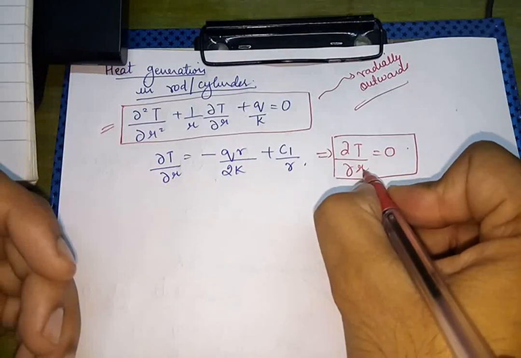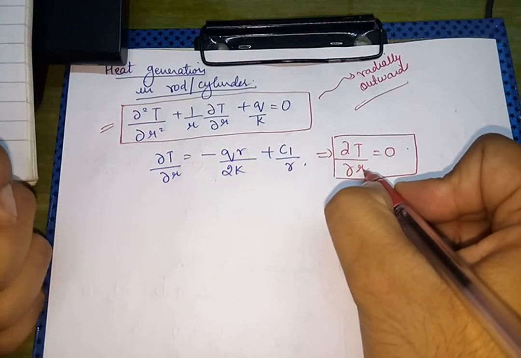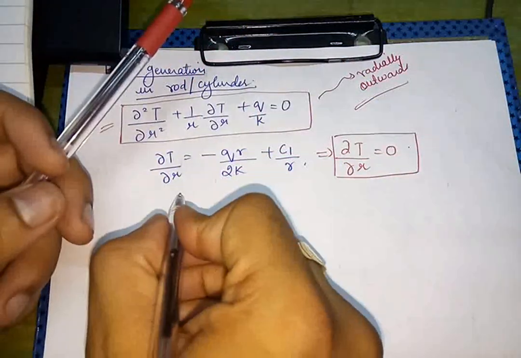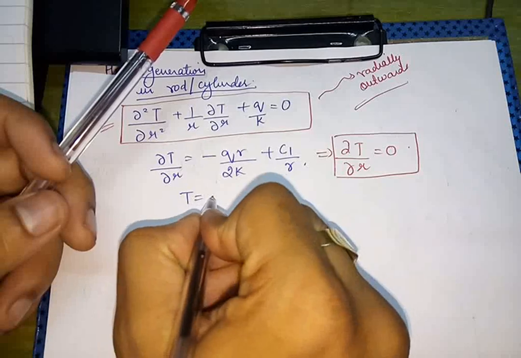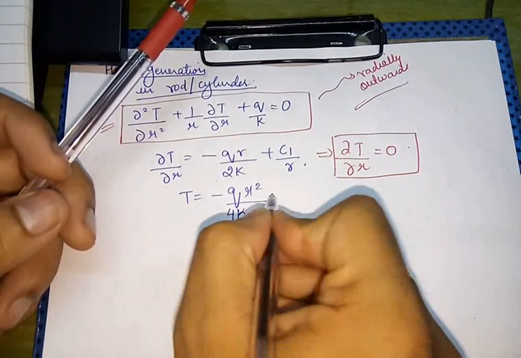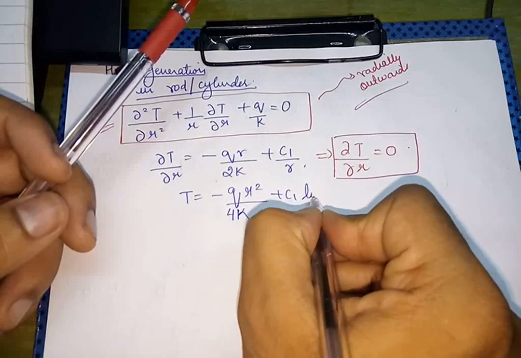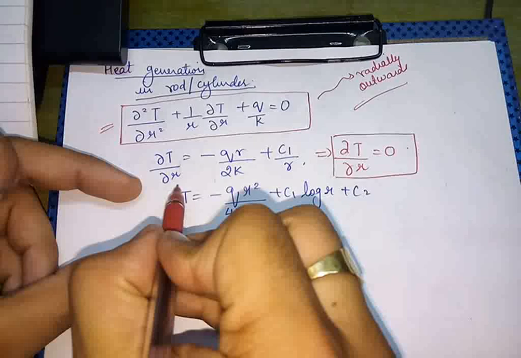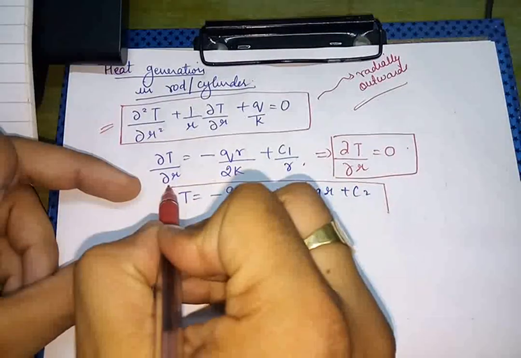Integrating again, we get T equals minus QR square upon 4K plus C1 log R plus C2. This will be the final equation after integrating two times.